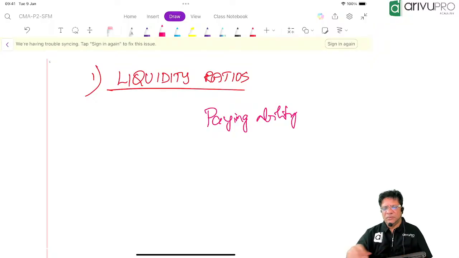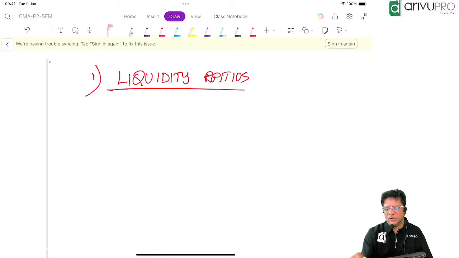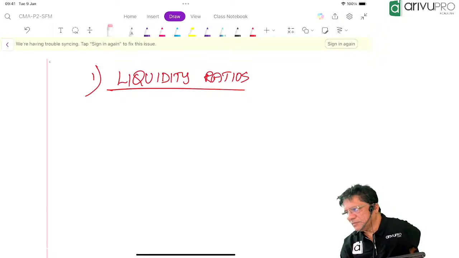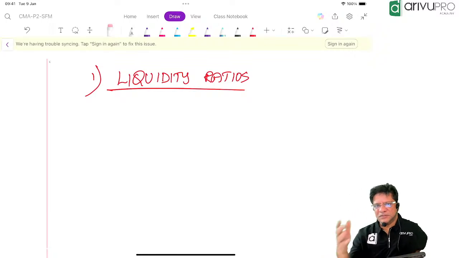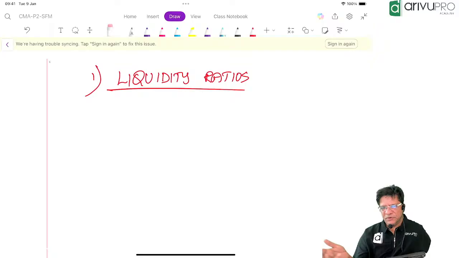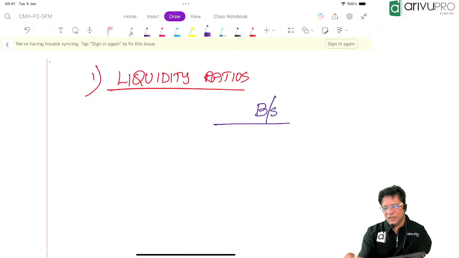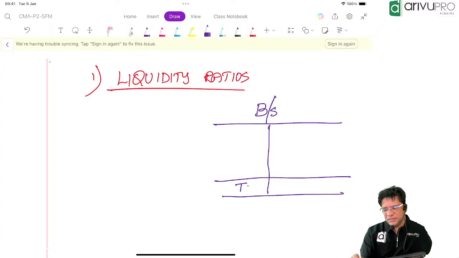So when we talk about all these ratios, these are also called working capital ratios. Working capital, yesterday we discussed, no? Funds required for day-to-day operations. So current assets, current liabilities. To simplify your knowledge, in the balance sheet equation, total assets must equal total liability plus equity.